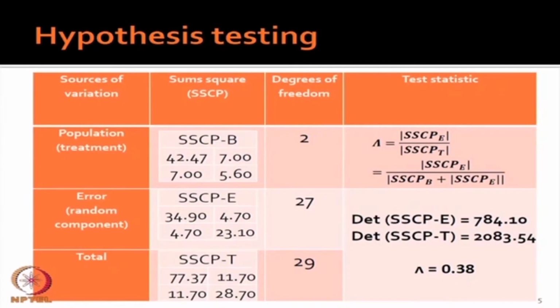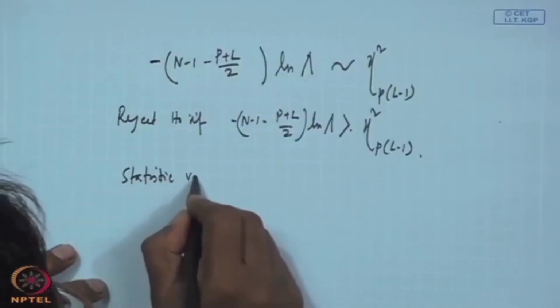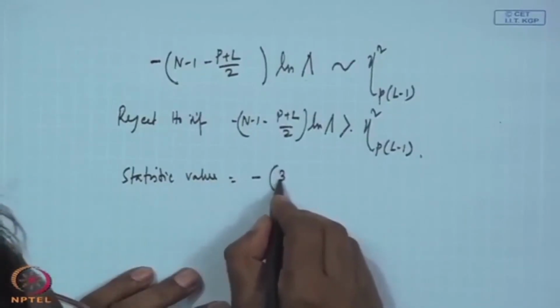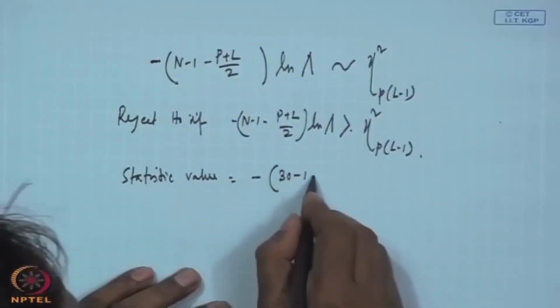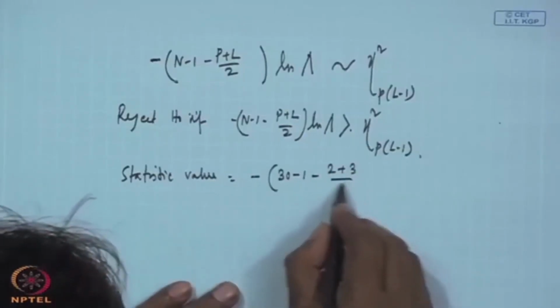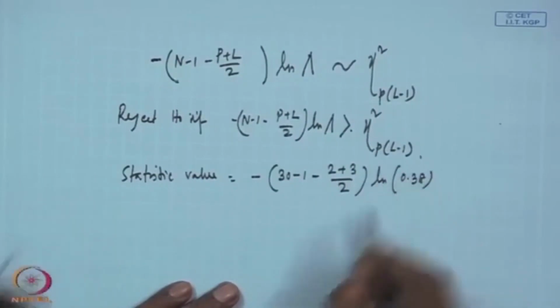Correct. Now, what will be the log lambda? So, our statistic value will be minus (n is 30, minus 1, minus (p is 2 plus L is 3) by 2) log of 0.38.